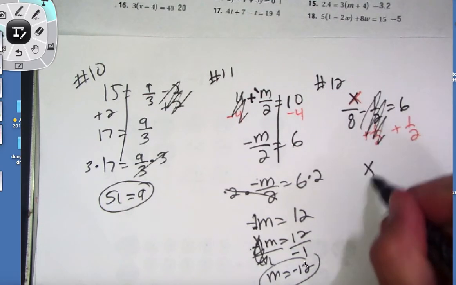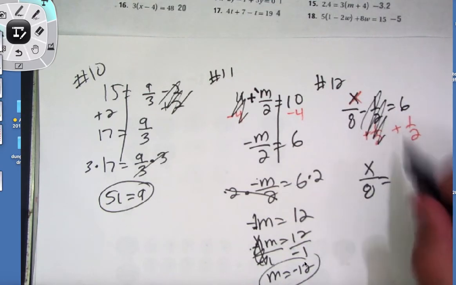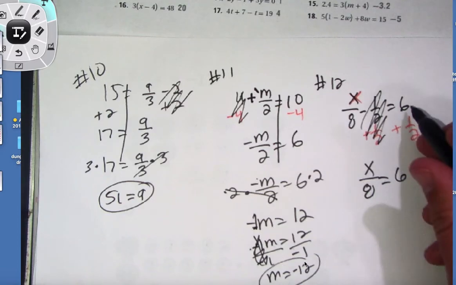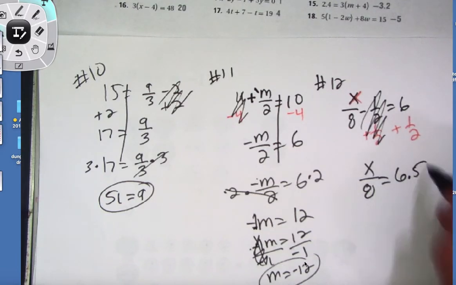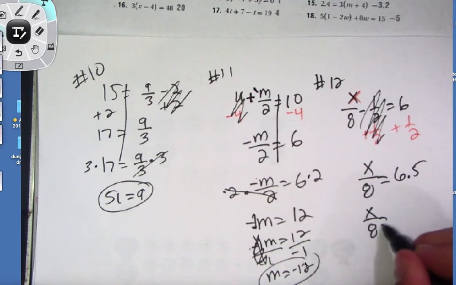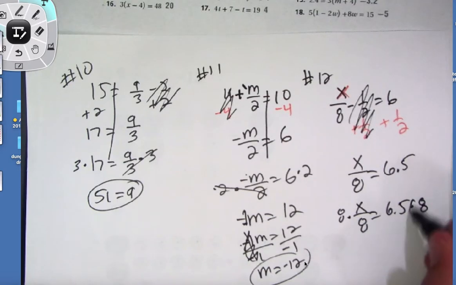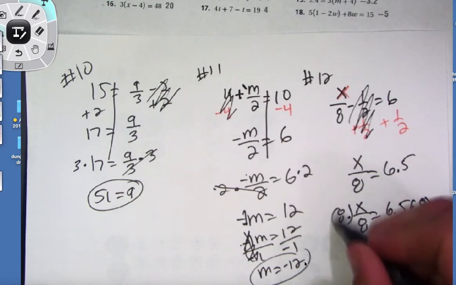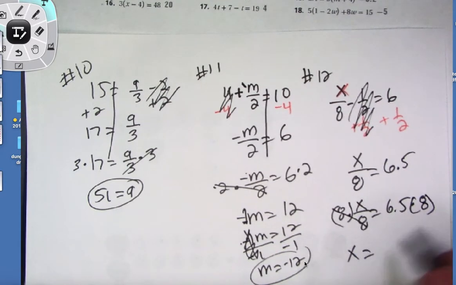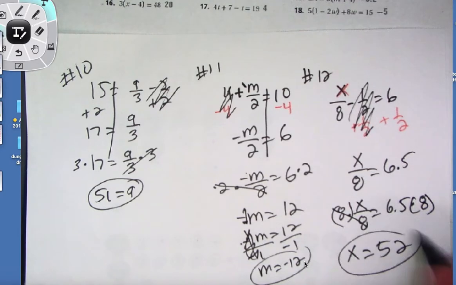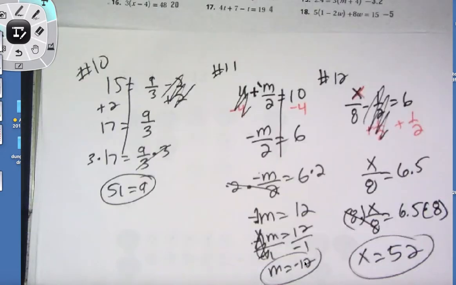We get x over 8 equals, I'm going to just make it a decimal. 6 plus 1/2 is 6.5. And then I'm just going to multiply both sides by 8. Undo that 8. And then in my head I'm going to do 48, so 52. Which I think is the answer, yes.